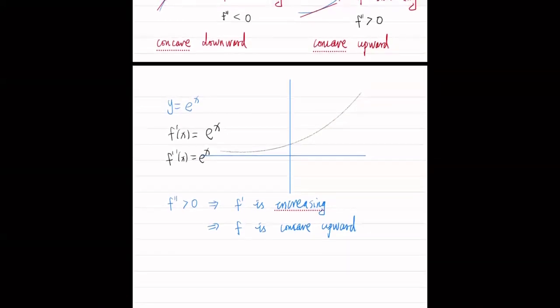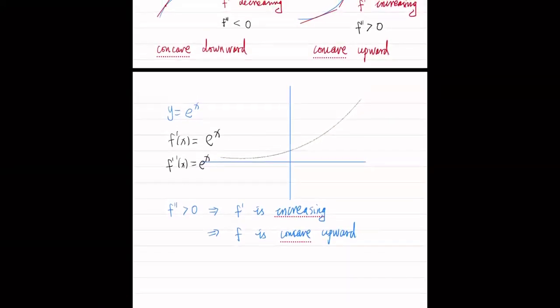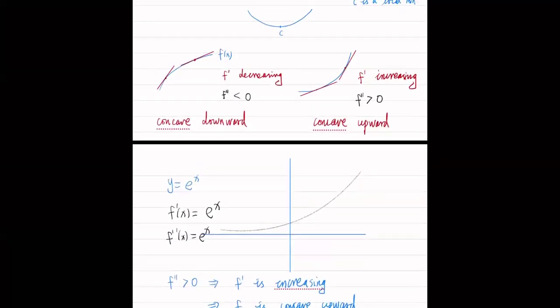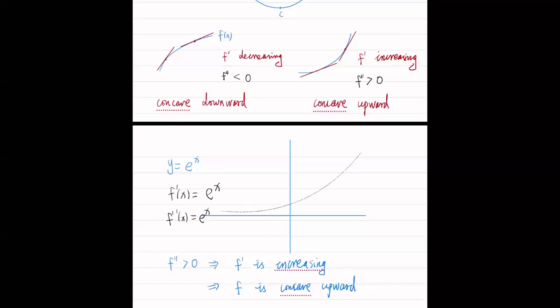So we have more and more properties about this graph. Initially, we say the function is positive, but that's not good enough. With the derivative, we can say the function is increasing. Now with the second derivative, you can see a little bit more: not only is it increasing, it's increasing at a faster rate, concave upward.